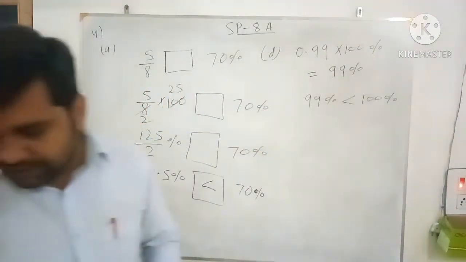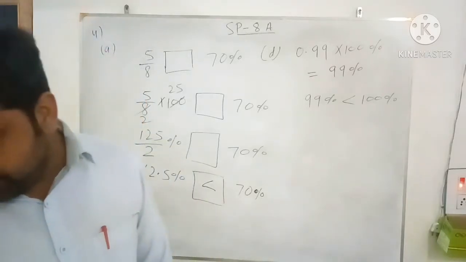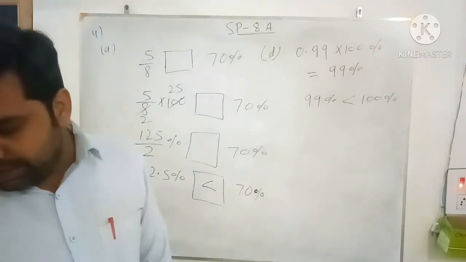Now we move to the next question, question number 5. Arrange the given percentages in the ascending order or descending order.